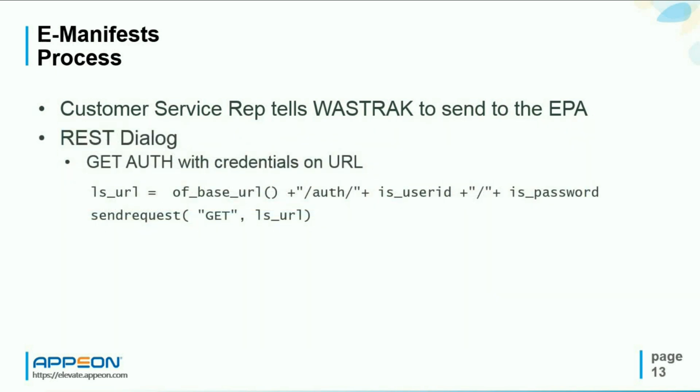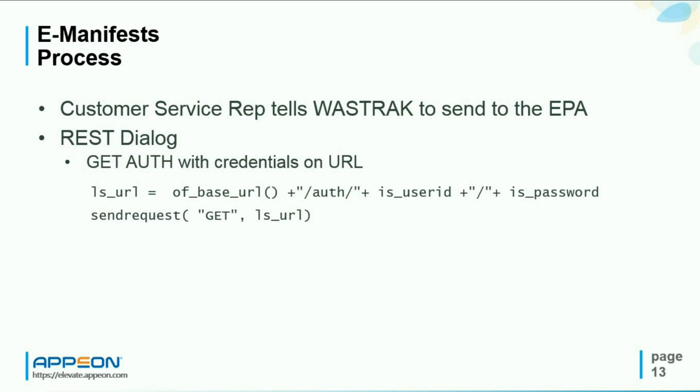The application begins a two-part dialogue with the EPA site hosting the REST API. The base URL is the domain that can switch from test to production. The functions of the API are then appended onto that.